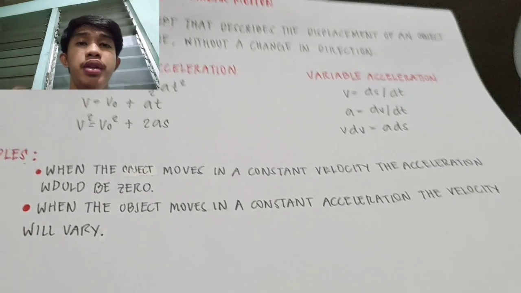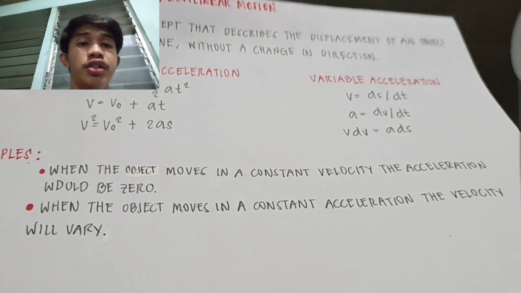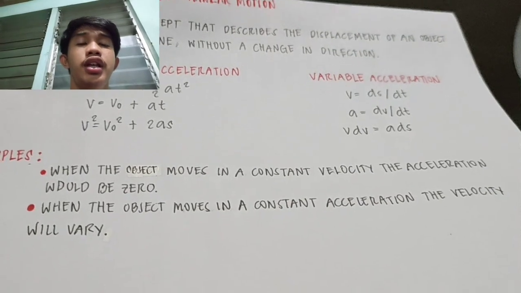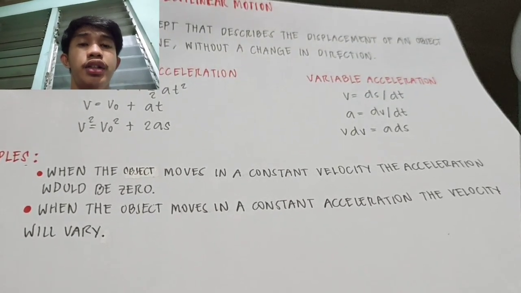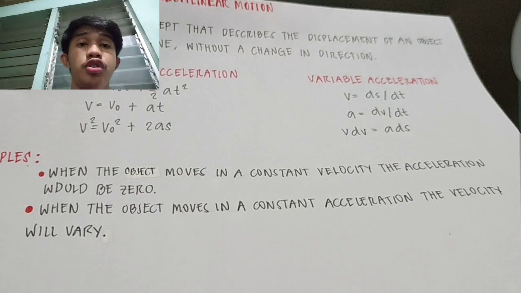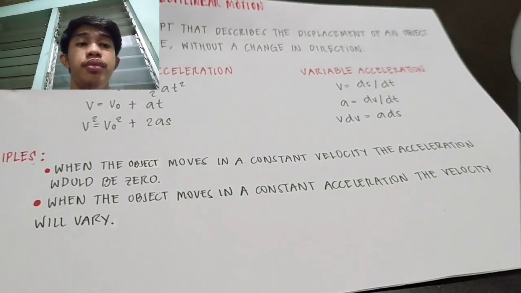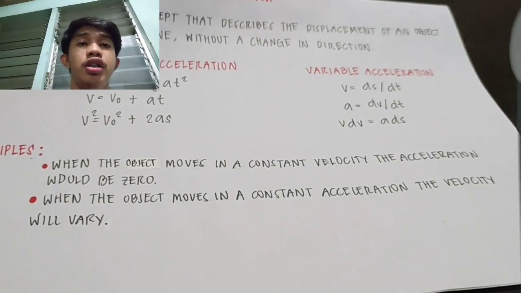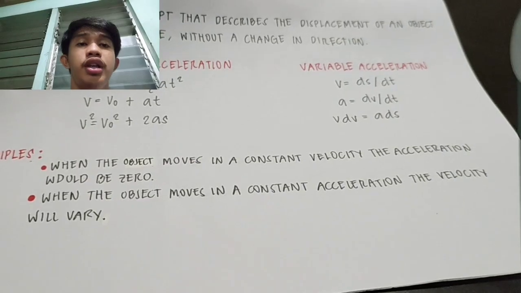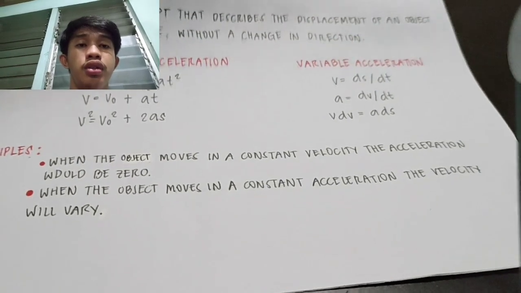The vehicle might be going faster or getting slower, because the acceleration will cause the object to speed up in a specific amount of time, or it will cause the object to decelerate, slowing down.